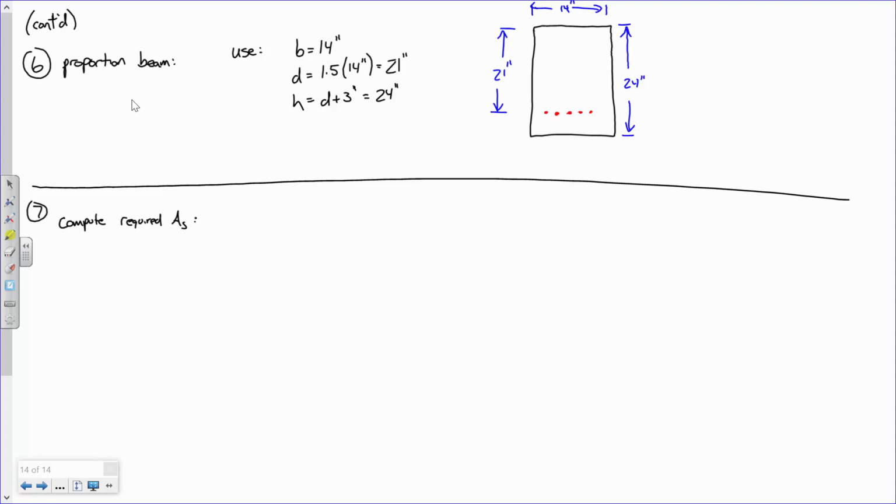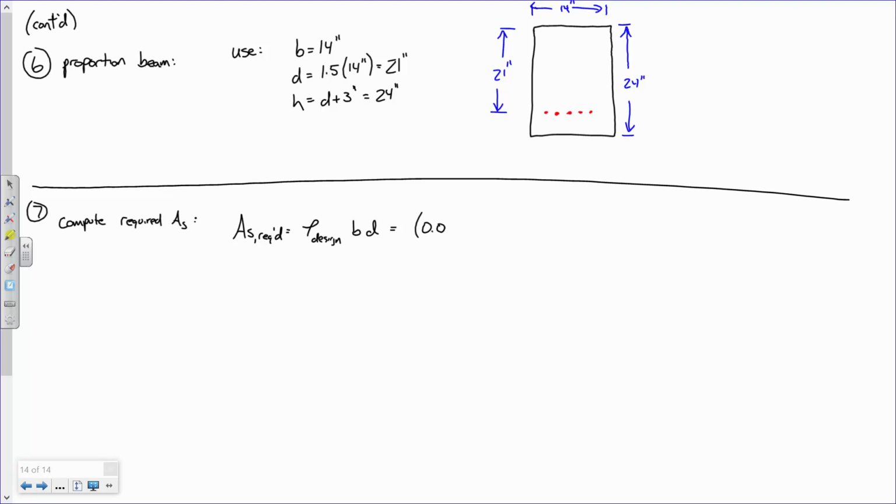We have AS required is rho BD. Technically at this point we could compute a more accurate rho and iterate this a little bit, but in most scenarios it's really not that big of a deal. We can just go with the rho that we had at the beginning.